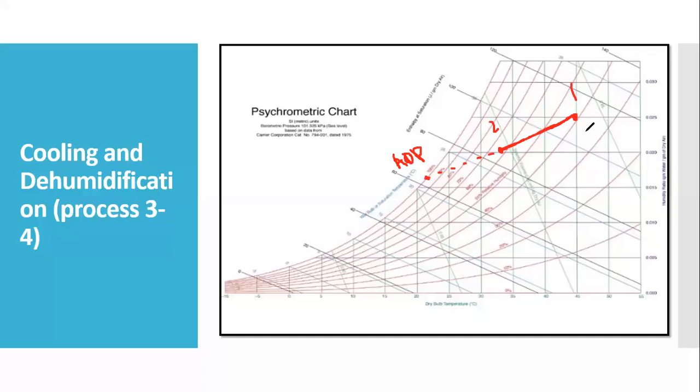You have to plot one point, second point on psychrometric chart, and extend it up to the saturation curve, and you will get ADP, and that is called cooling coil temperature or apparatus dew point temperature. Got it?